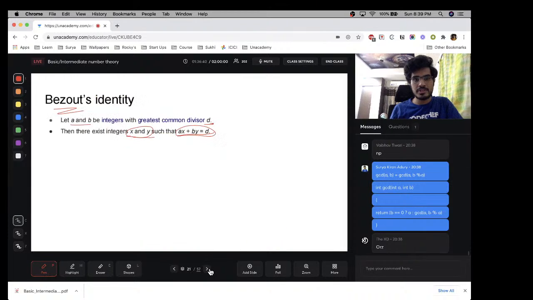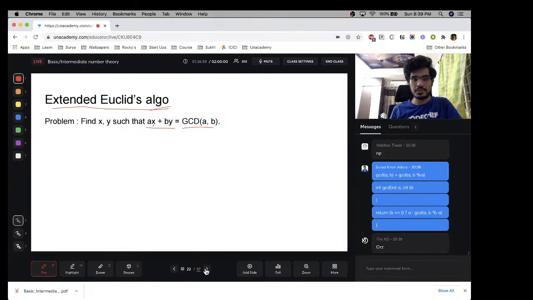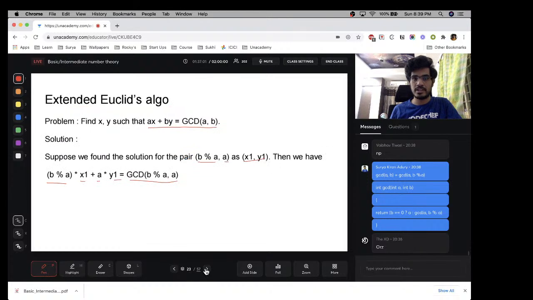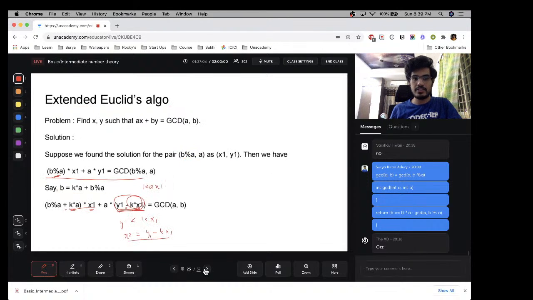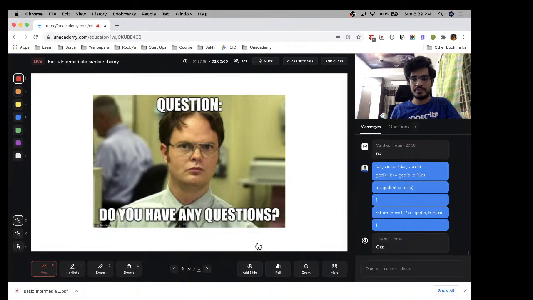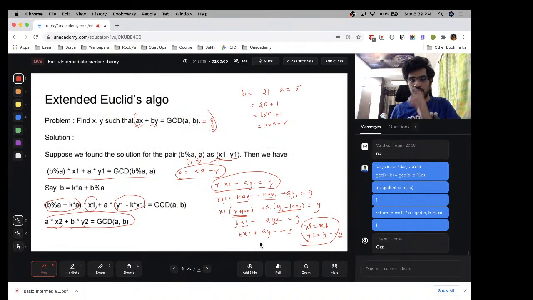Then we also learned about Bezout's identity. If D is the GCD of A and B, then AX plus BY equals D. We can find such an X and Y. We used Euclid's algo, extended Euclid's algo, to find the pairs X and Y. First we found x1 and y1 for B mod A comma A. Then we used x1 and y1 to find x2 and y2.